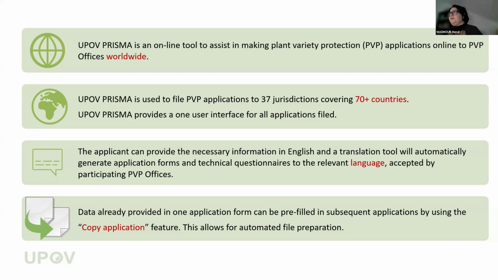For example, if you speak Chinese, I saw that there are some Chinese applicants in the room, you can read the questions in Chinese, complete the information, and then the tool will automatically translate it into English. This will facilitate filing the application to the US in our case today.